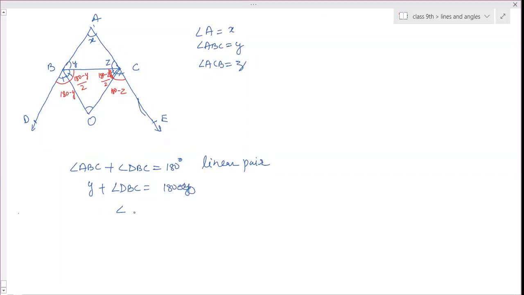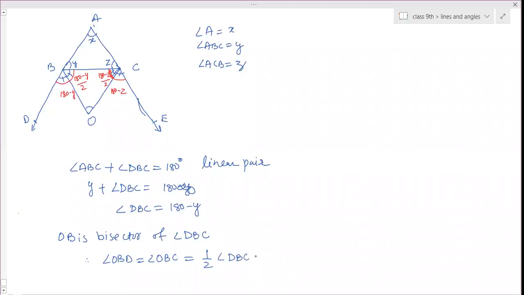Angle DBC is equal to 180 minus Y. Okay, so now OB is the bisector of angle DBC. Therefore, angle OBD is equal to angle OBC, which is equal to half of angle DBC, that is half of 180 minus Y.